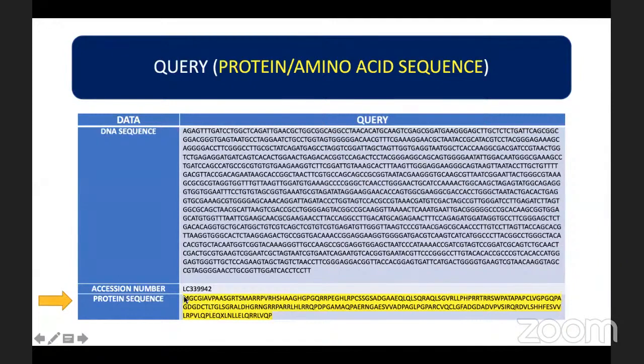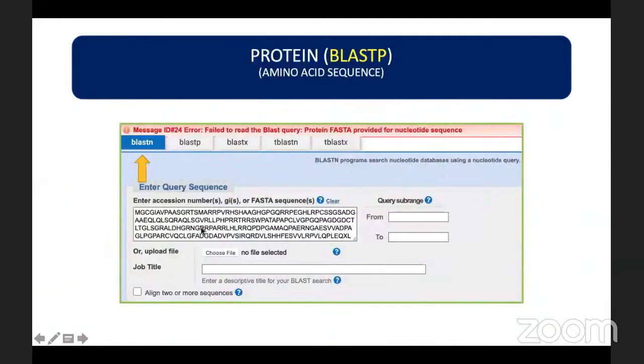So I'm just going to copy this amino acid sequence and again paste it in the text box in the BLAST search. If you click on BLASTN, again, it's not going to match with the proper database.